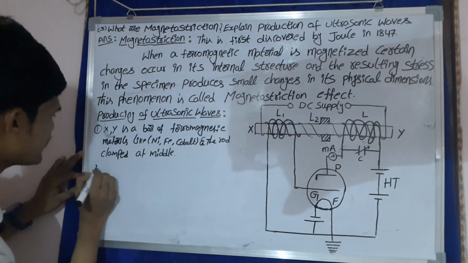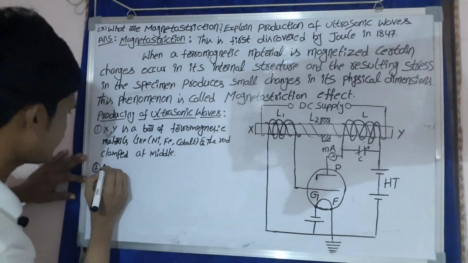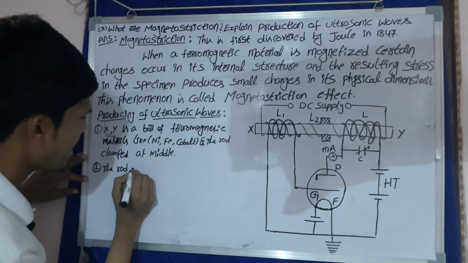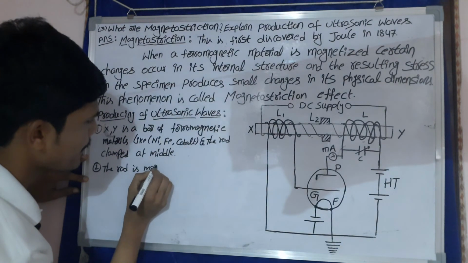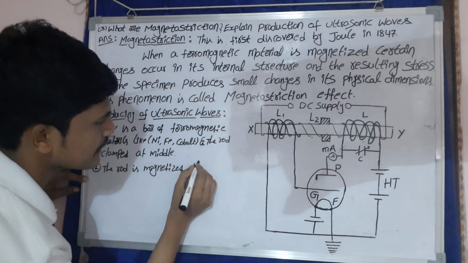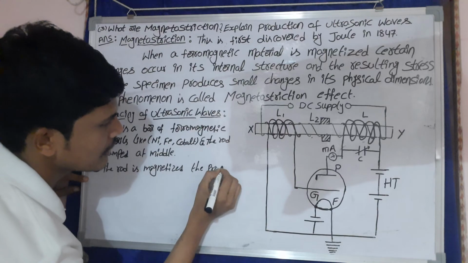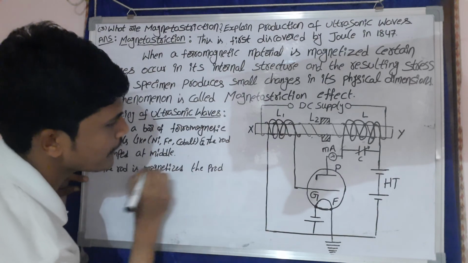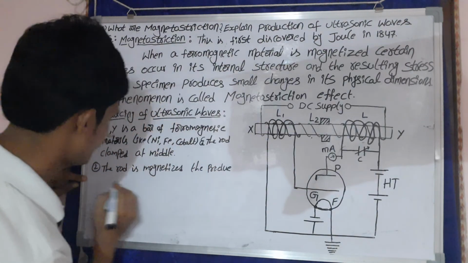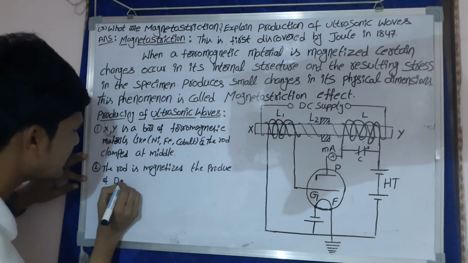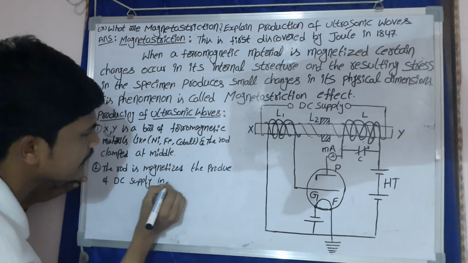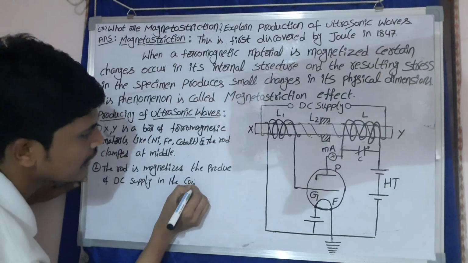Next point: the rod is magnetized by the DC supply in the coil L2.